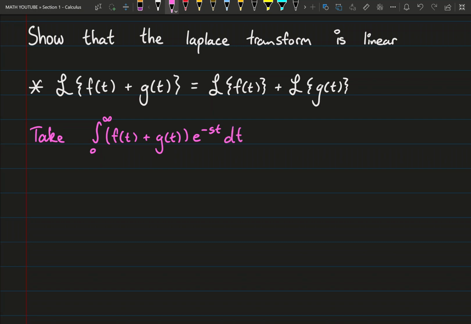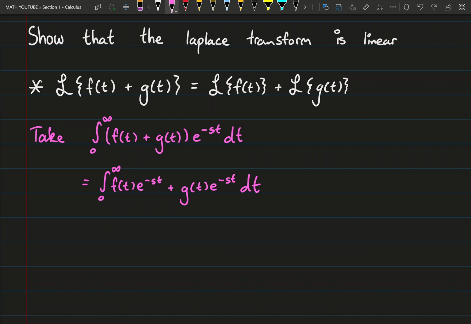And straight away you can see that we can expand this. So we get the integral from 0 to infinity of f of t e to the minus st plus g of t e to the minus st dt.